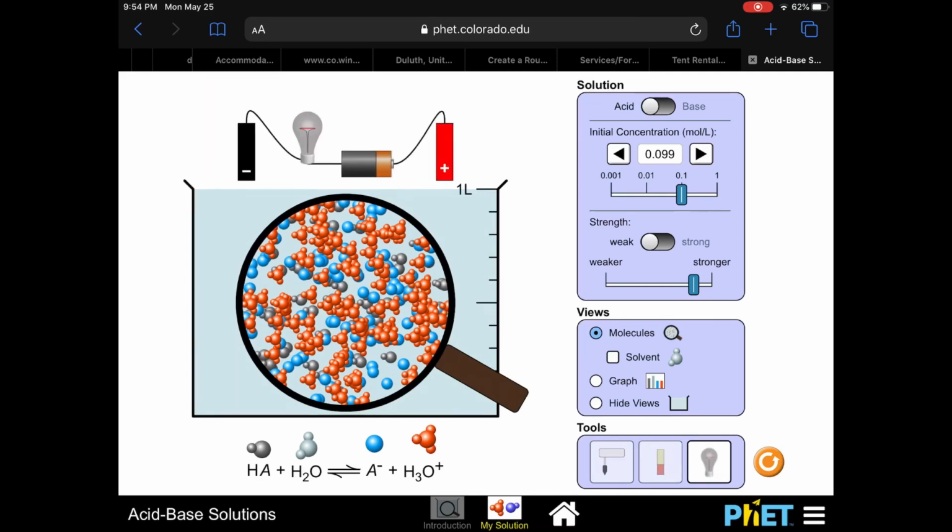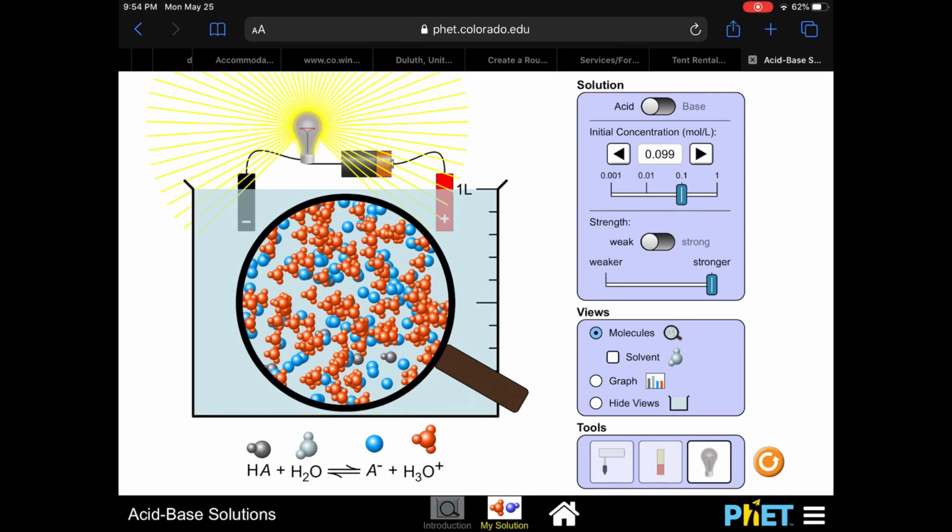Oh, and one more segue. Because we did talk about electrolytes before, this is an example of an electrolytic solution. If we have a strong acid, it totally dissociates, and therefore we have lots of ions in solution. Right now we are allowing lots of current to transfer through this wire.